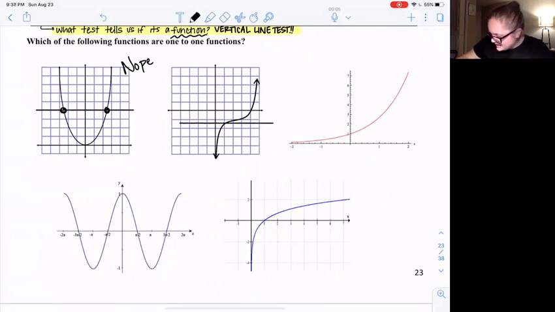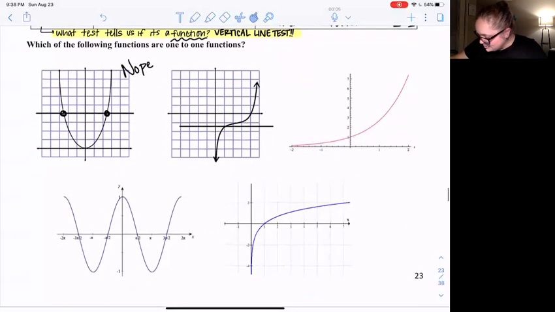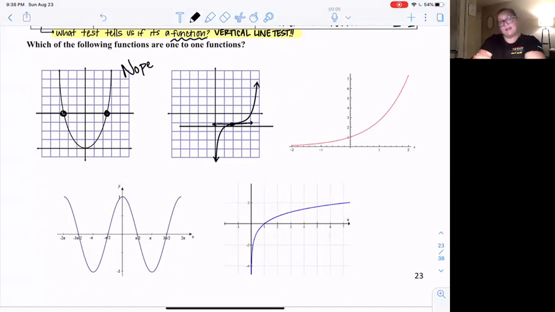So it looks like I have a horizontal line, and if I bring that up and down, you see it only will ever hit one spot. Even if I zoom in, it's going to go right on that part right there. That's only ever going to hit one time. So this is a yes. This is a one-to-one function.